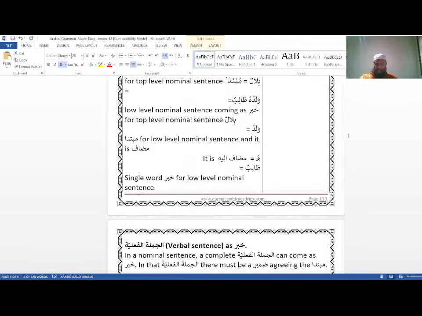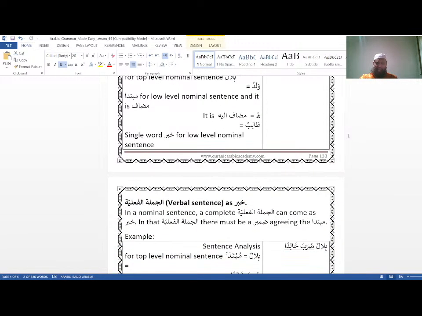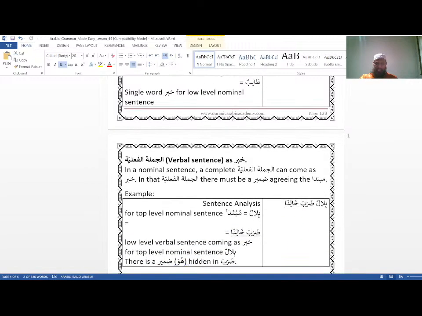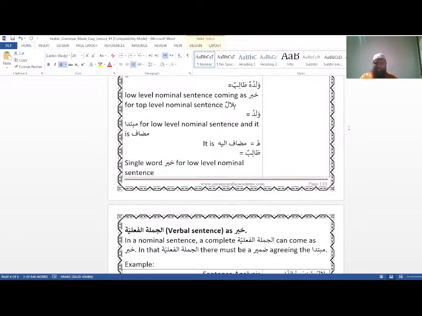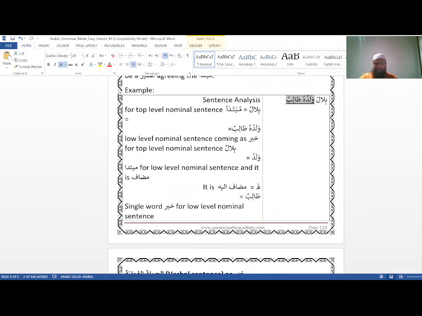So let's see if we have jumla fi'liya. Yes, we have. Jumla fi'liya coming as khabar. Remember we said there must be a damir in that jumla. Look, who is the damir? And it's matching with the first mubtada. Mudhakkar, mudhakkar, wahid, wahid.